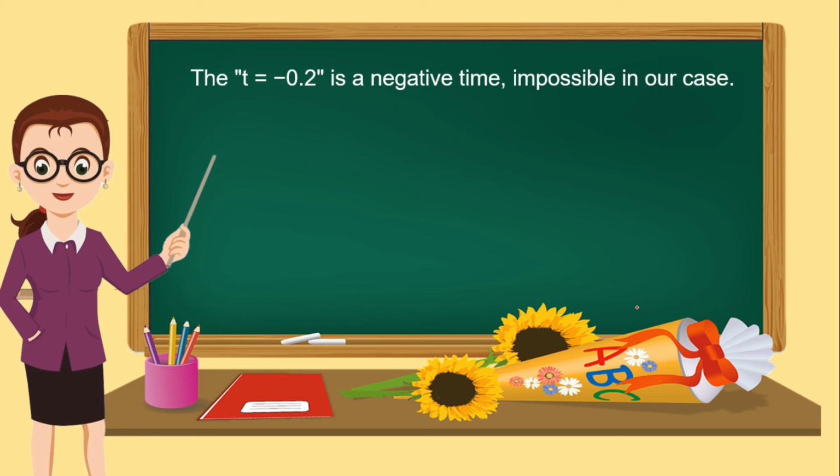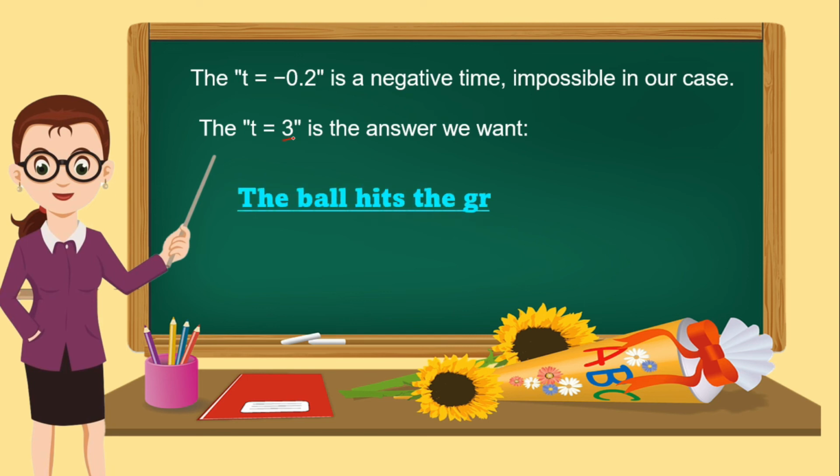It is impossible in our case because in the real world, there is no negative time, right? The t equals 3 is positive, so this is the answer that we want. Therefore, we conclude that the ball hits the ground after 3 seconds. Alright, did you get it? Okay, let's proceed.